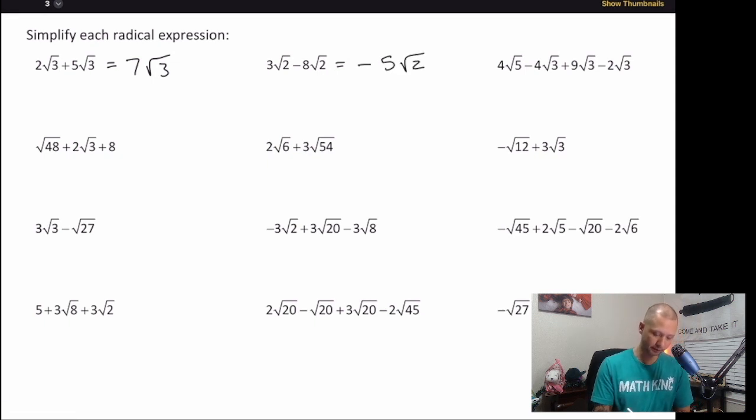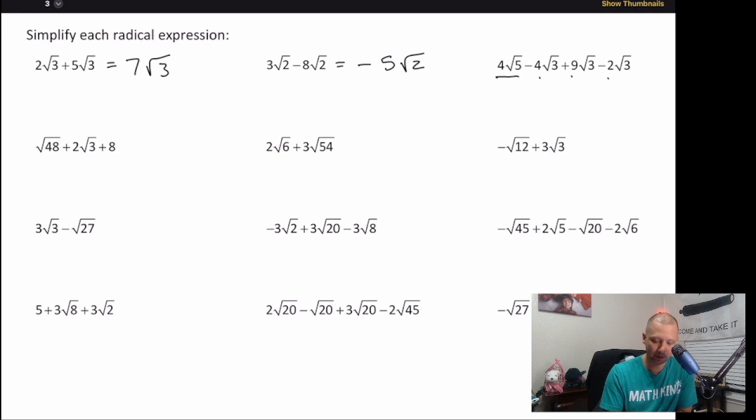Okay, next example, a little lengthy. So 4 root 5 minus 4 root 3 plus 9 root 3 minus 2 root 3. We only have one root 5 term, so that guy is going to stay by itself. We can combine these three, however, because they all have matching radicands.